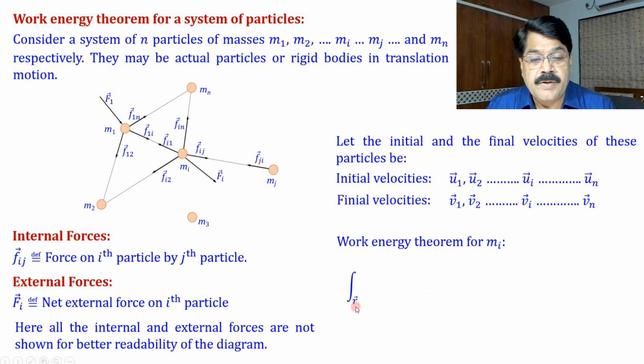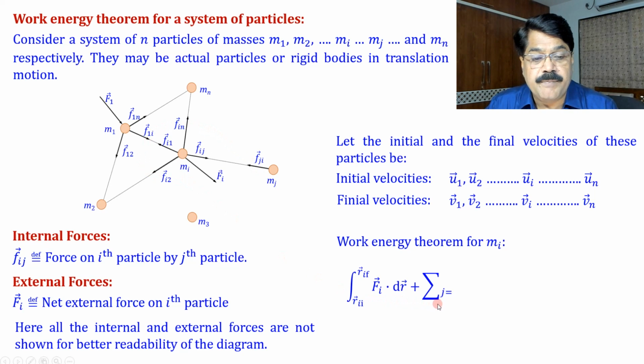Here, integral from ri initial to ri final of Fi dot dr is the work done by this external force on mi in carrying this particle from the position vector ri initial to ri final. Now between these two positions we calculate the work done by all these internal forces.